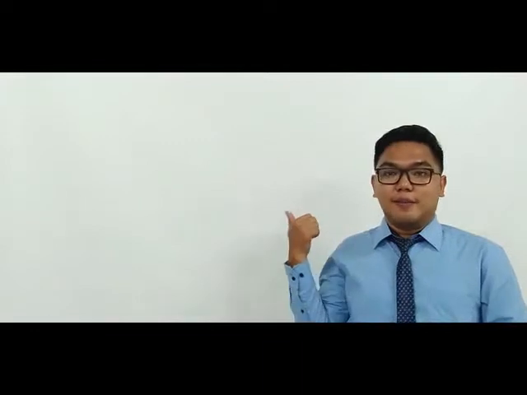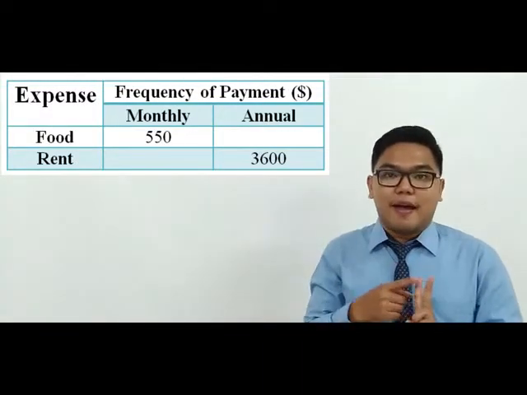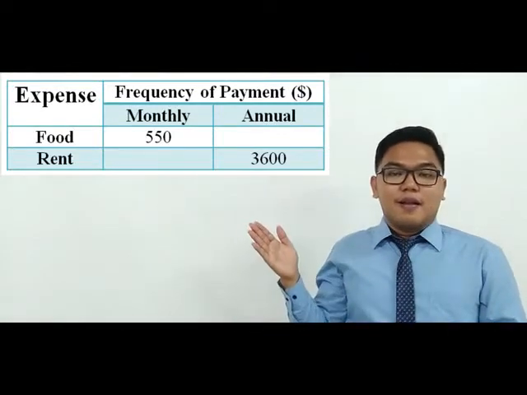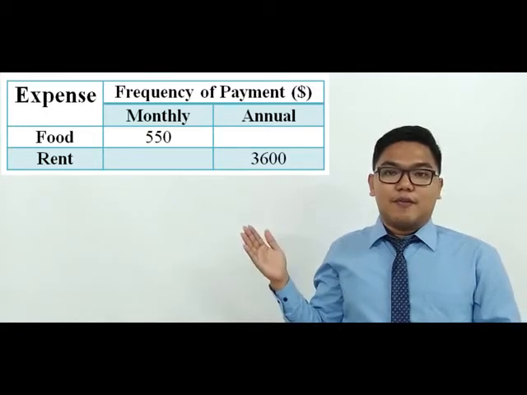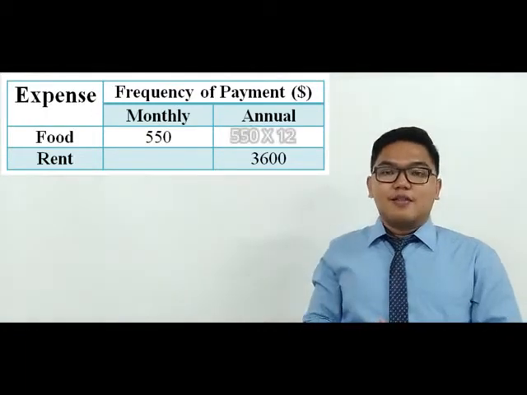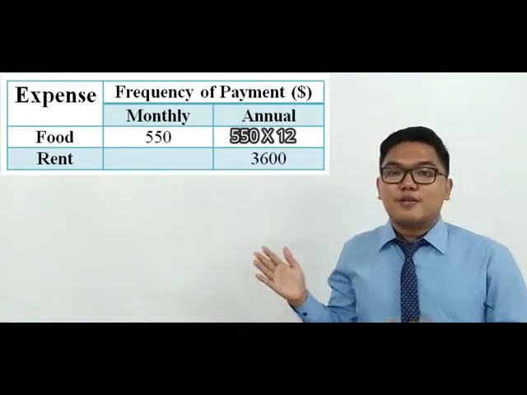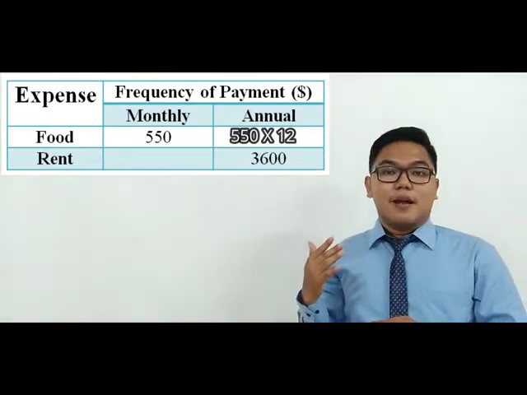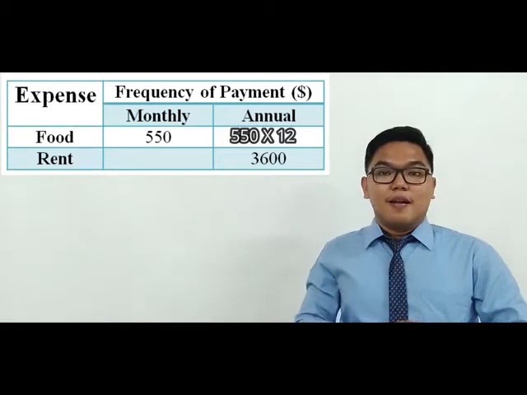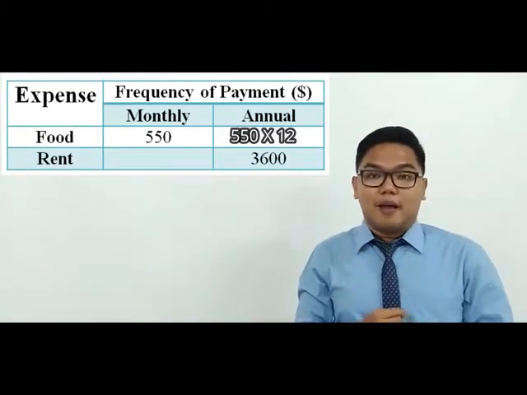Look at the table inside. There are two expenses, food and rent. Let's say this is a house rent. If the amount of money for food in this month is relatively $500, then to calculate the total amount of money for food for a year, you have to multiply by 12, since 1 year has 12 months.